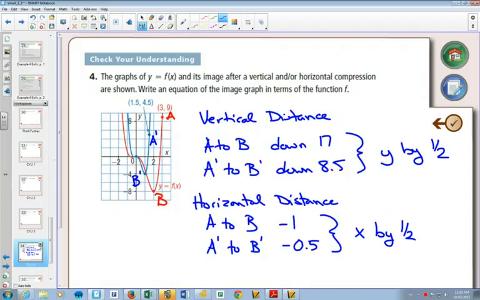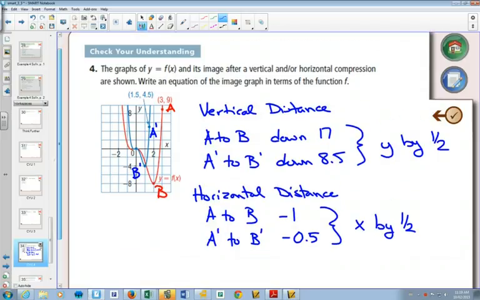So what we did here is we were able to describe what's happening. We were able to take the points that we knew and use the differences between them, both vertical distances and horizontal distances, to describe that the change is our y values got multiplied by a half and our x values got multiplied by a half. Now we can go and write the equation by saying, if these are the transformations that are happening, how would I write that?